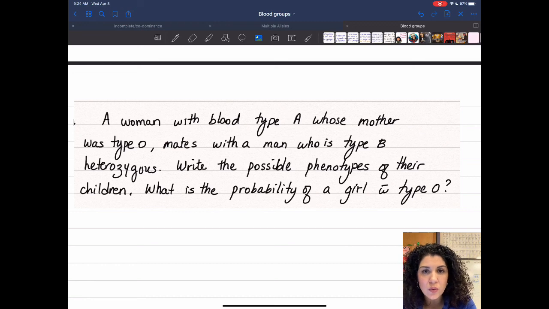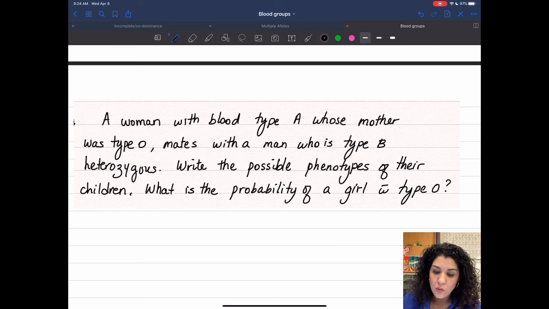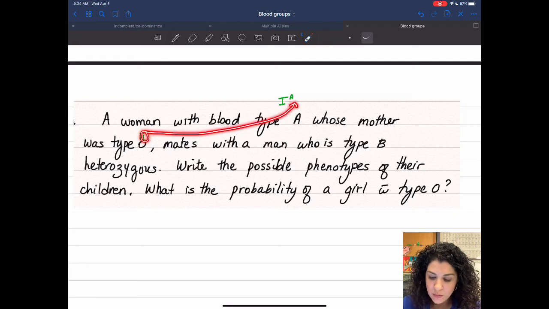So they're telling you their genotypes in a couple of different ways. So for the man, they're telling you that it's heterozygous, and for the woman, they're telling you that her mother was type O. So she's type A, her mother was type O, so what is the only thing her mom could give? So the only allele her mom could give her is a little i.